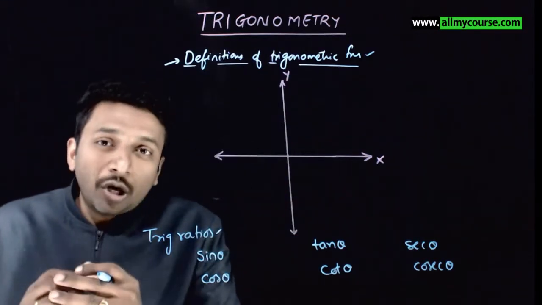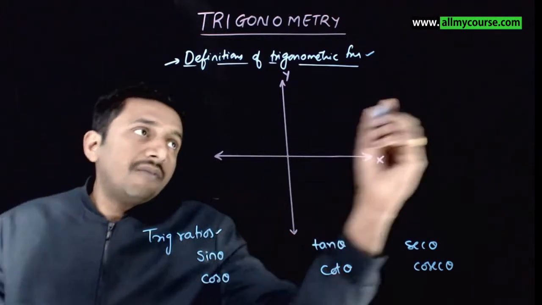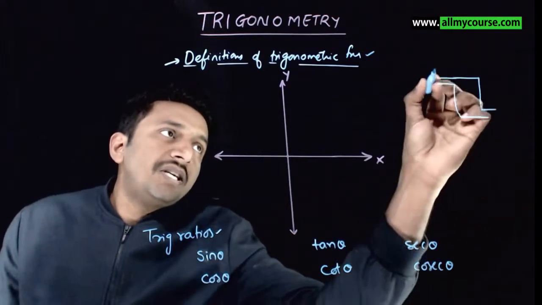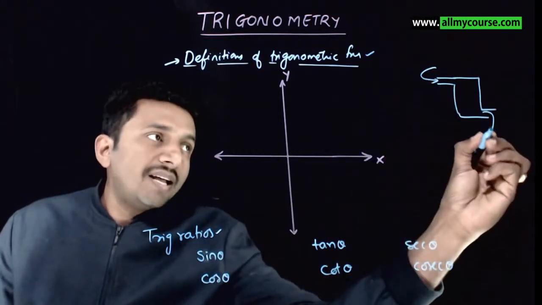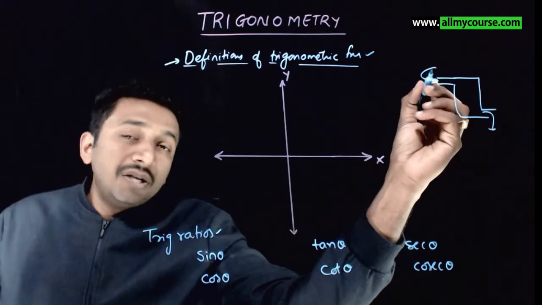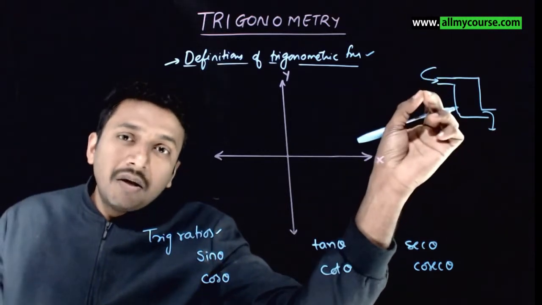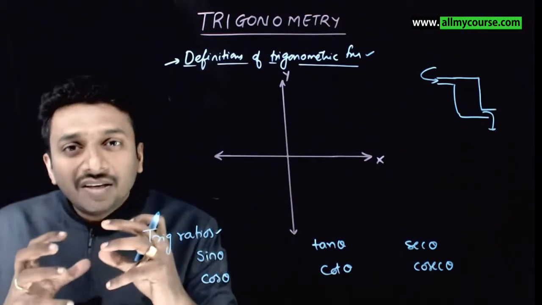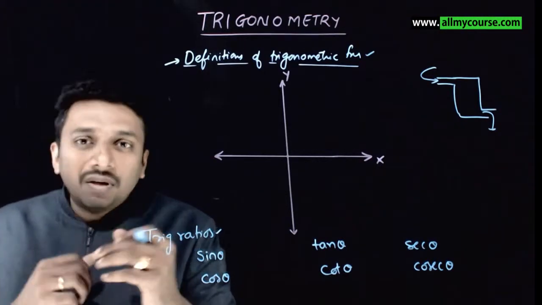So we have already seen the topic of functions. What is a function? A function is a machine which takes in certain numbers and gives out certain answers. It's a relation, a rule connecting x with y.